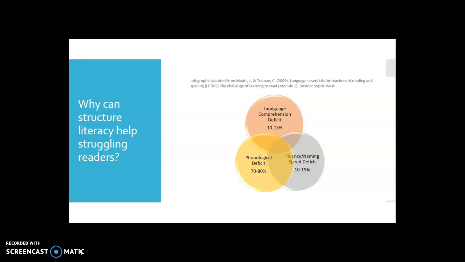Morphology will help that, but also syntax will help, and overall comprehension strategies will help with that. So we have to get at those concepts and vocabulary, the syntax of the sentence, really to help those with language comprehension deficits. That's what we do in structured literacy. We get at all three of those areas the students may struggle with.